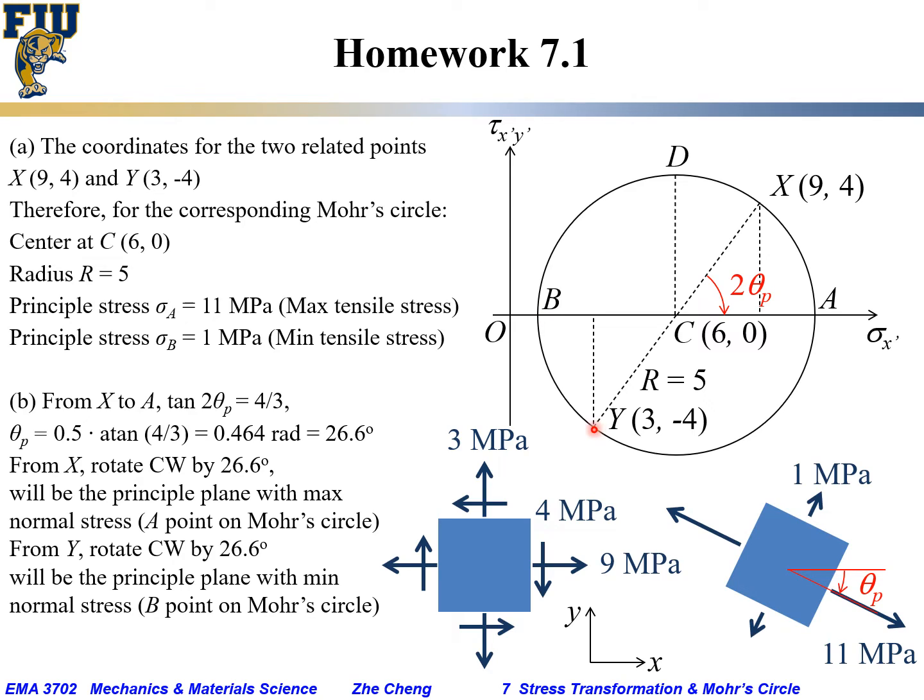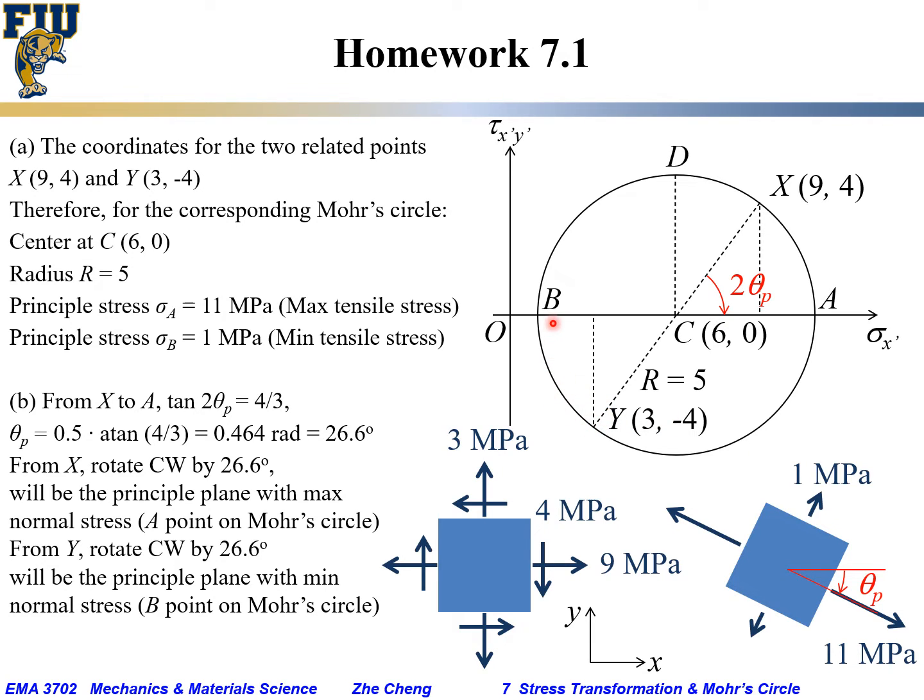You can start from Y. You rotate similarly clockwise by the same 2 theta P, which means in real geometry, to find B, you would start from vertical Y and rotate in the same fashion.